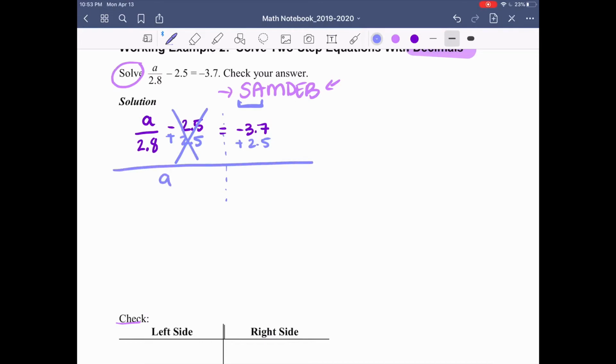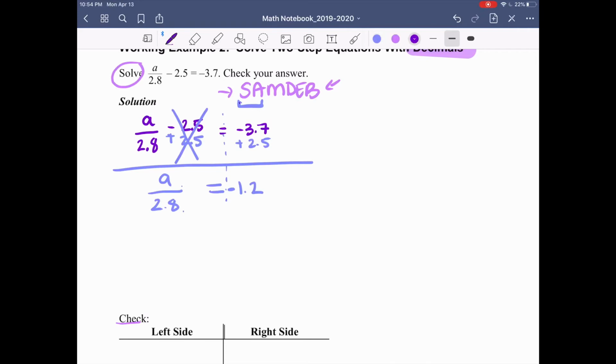What you're left with is a divided by 2.8 equals, and then negative 3.7 plus 2.5 is, you can use a calculator if you want because it's decimals, but it's basically the same thing as saying 3.7 minus 2.5 because you're canceling out positives and negatives, and that leaves you with negative 1.2. So now we have a divided by 2.8 is equal to negative 1.2.